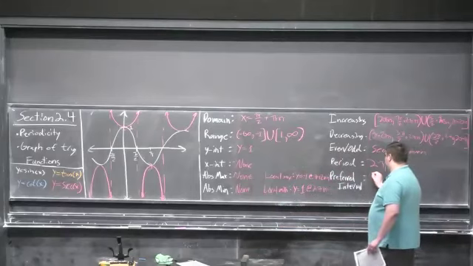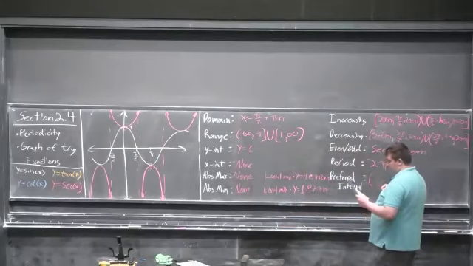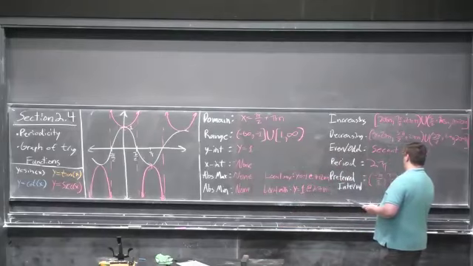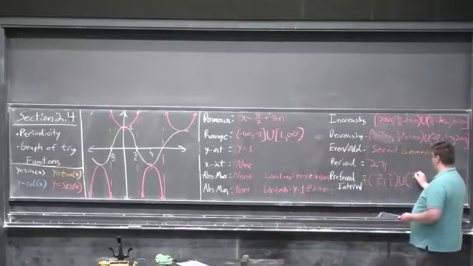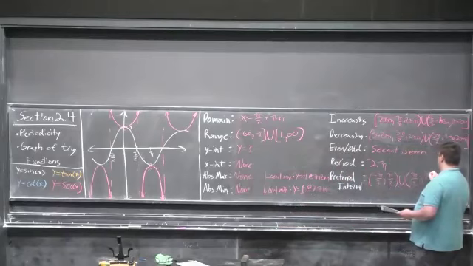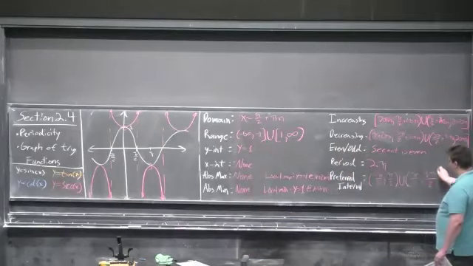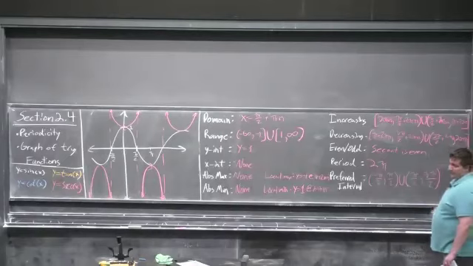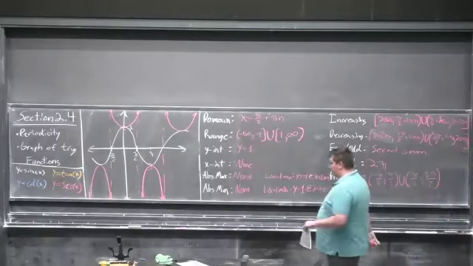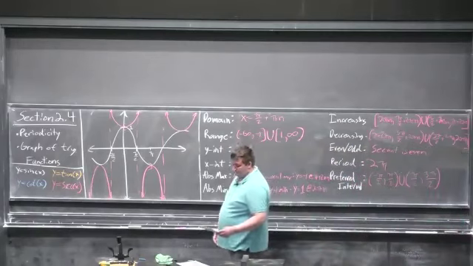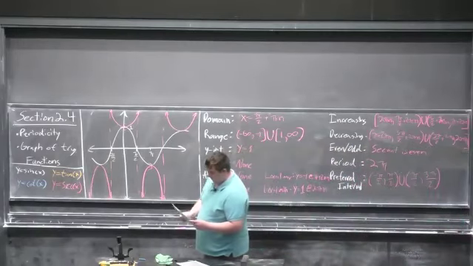So we want to include from negative pi over 2 to pi over 2 in union with pi over 2 to 3 pi over 2. And again, the parentheses means that we exclude the number listed. Okay.